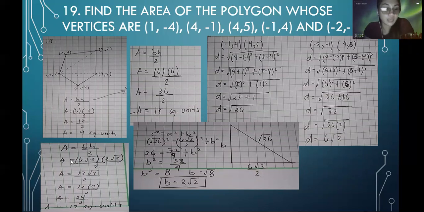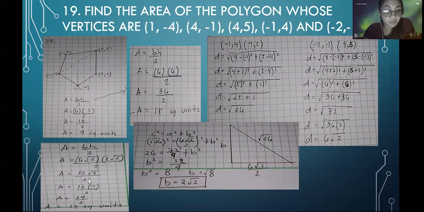So A is equals to the value of A times the value of H, which is here, 2 square root of 2 over 2. So 6 square root of 2 times 2 square root of 2 over 2 is equals to 12 square root of 4 over 2.